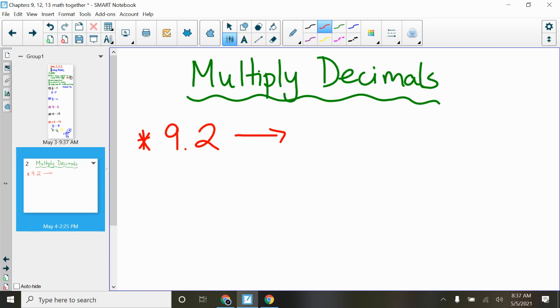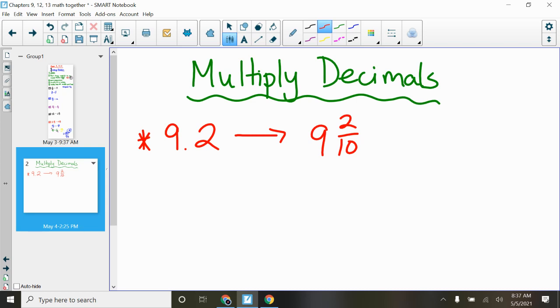So how would I write it? 9 and then 2/10, like that. Well, that's easy. These guys are the same thing. A 9.2, which has a name of 9 and 2/10, in fraction world turns into a mixed number, 9 and 2/10. Now do you see why mixed numbers are greater than 1? Yes. Because this number here is 9 and a little more, this fraction is 9 and a little more.